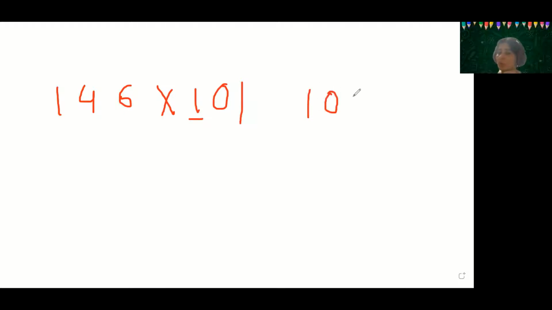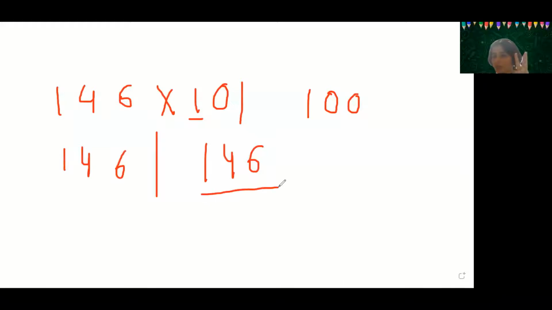First part is over. We have to find out the place value. In the second part, we need to write 146 as many times as 1 is written. So 146, 146. Now, the last part has 3 digits and we have only 2 zeros. So in the answer, we should have only as many digits as there are zeros.